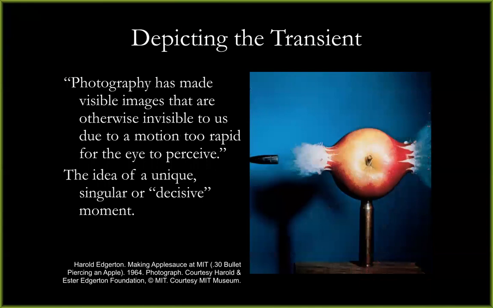But in photography, once photographers started experimenting with shutter speeds and things like that, they were able to capture motion on a two-dimensional surface. And artists started to think about what they were seeing in these photographs and how they could use that in their own artwork. And here we see a bullet captured as it goes through an apple.